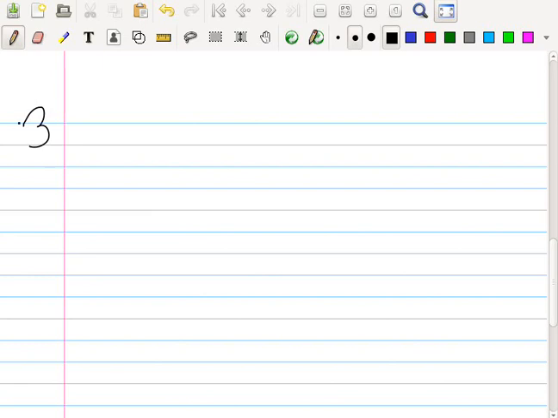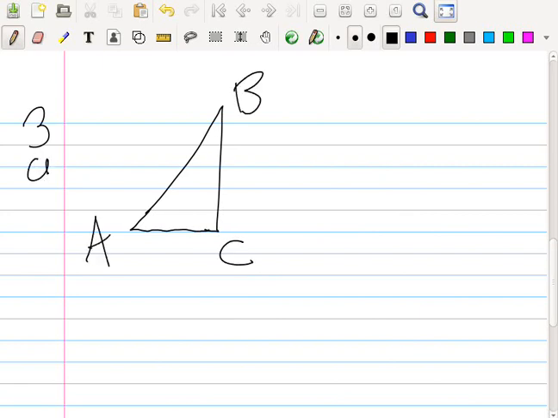The triangle ABC is a right angle triangle, and the right angle is at C. A to C is 324 units.